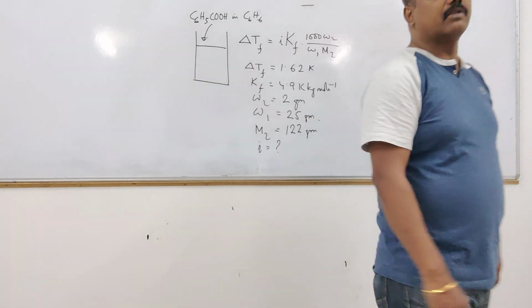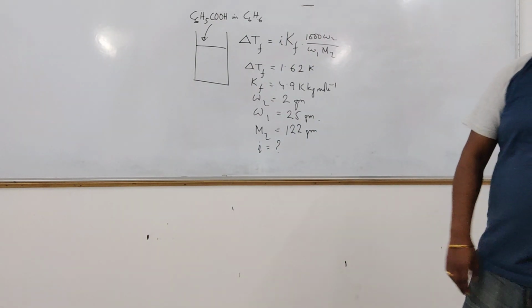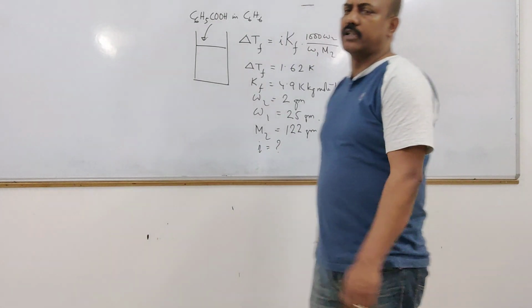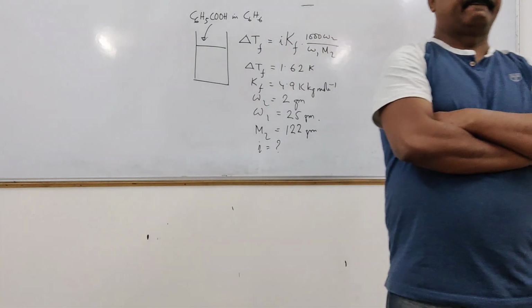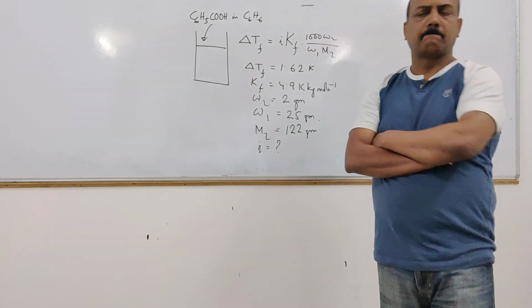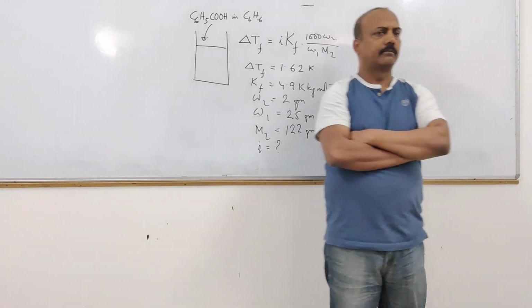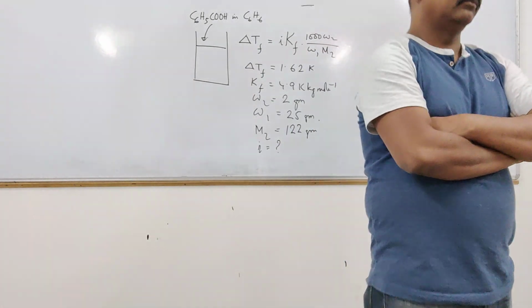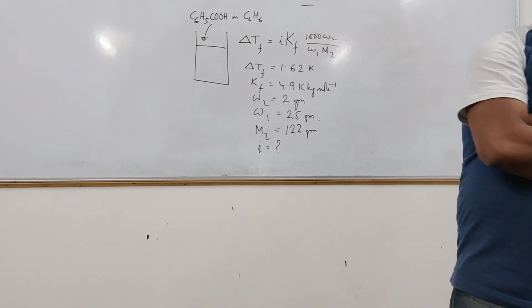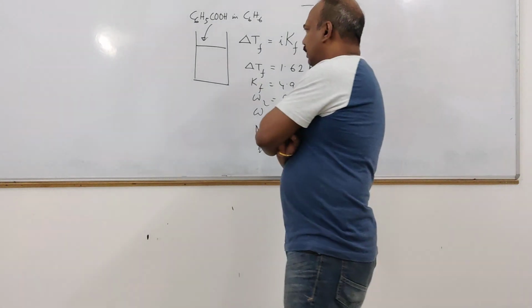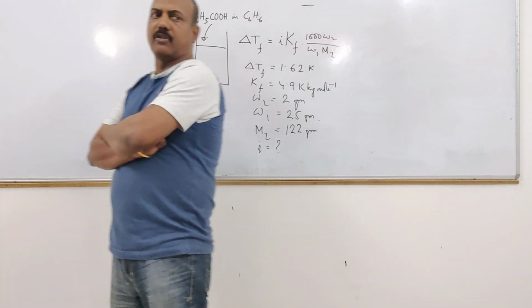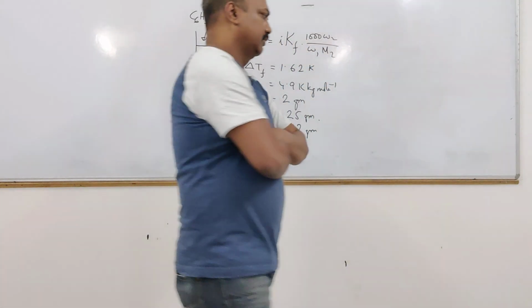The calculation I am not worried about, but once again, you must do it up to 3 decimal points. Do it and tell me how much you are getting. That's the first part of your question.